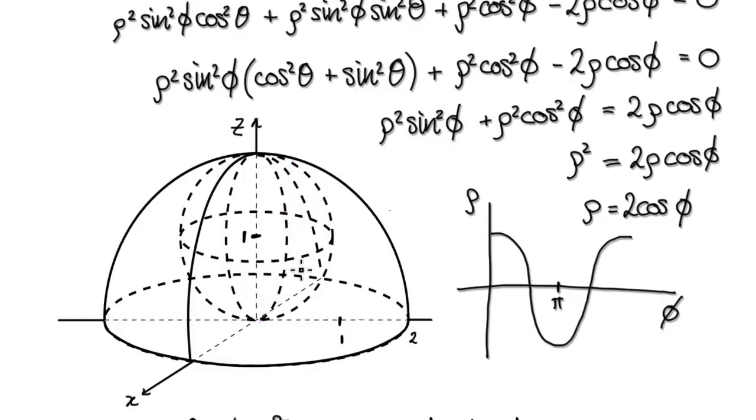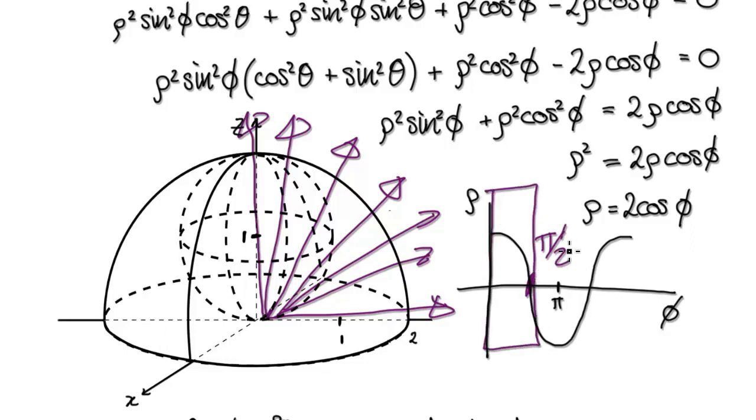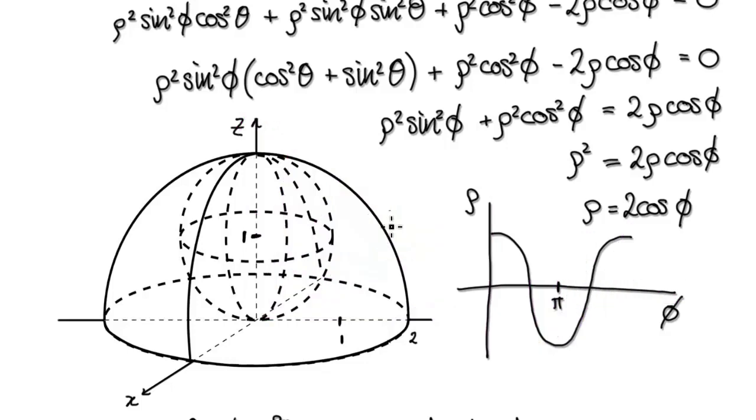So when phi is at an angle of 0, it has a radius of 2. Remember, you're scanning like this, so phi is increasing all the time up to an angle of 90 degrees, which is pi over 2, up to here. So we are only interested in this angle here. We can ignore everything else. So let's start again.